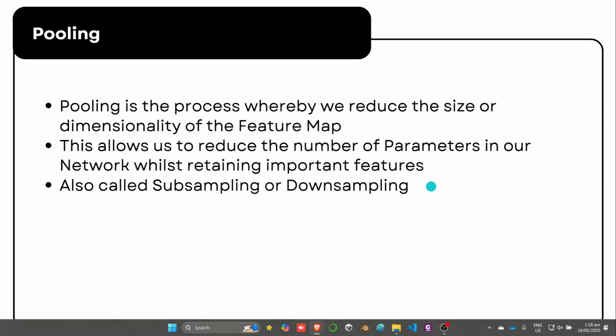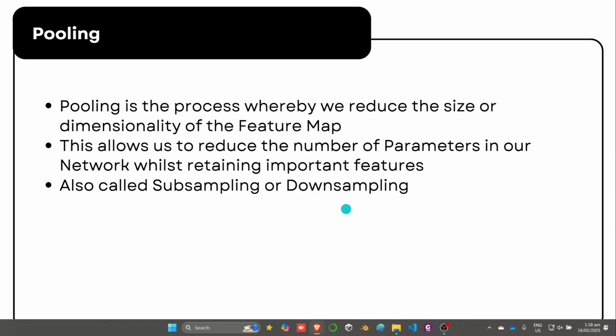and it can do inference faster as well. So it's a good thing that pooling is around, and this process is also called subsampling and downsampling.